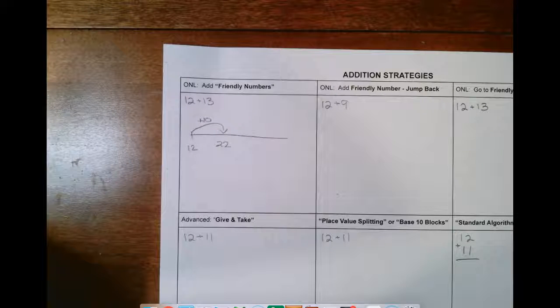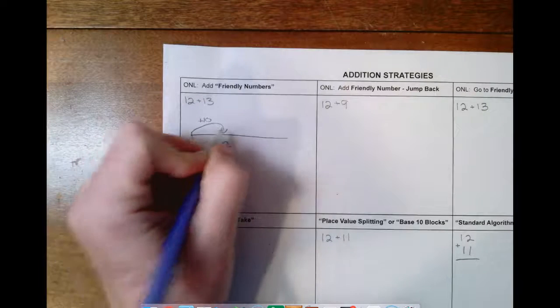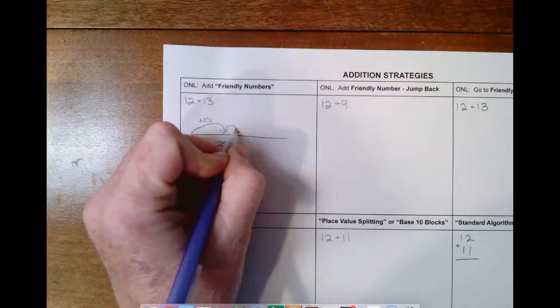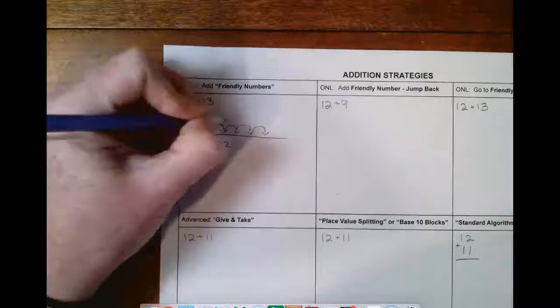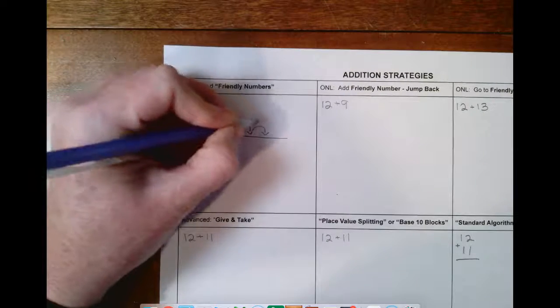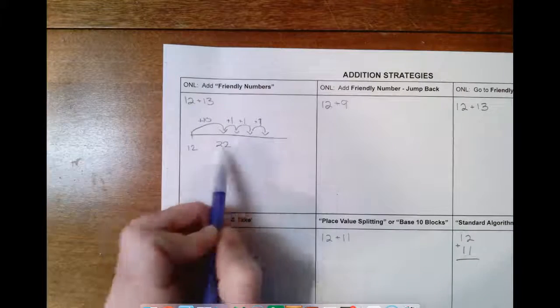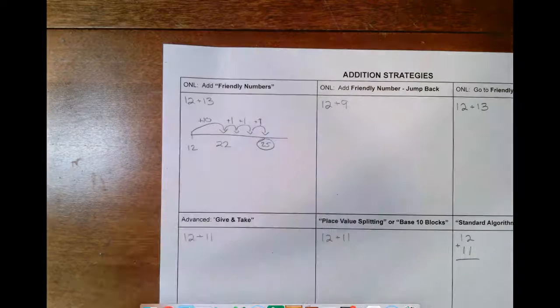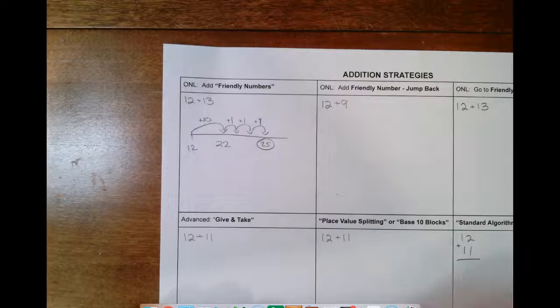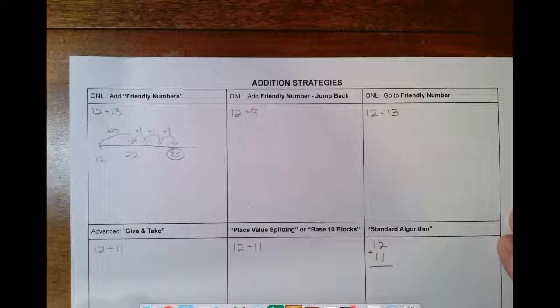Now kids can add 1, 2, 3, or they can just go ahead and add 3 in one motion. I'm going to go ahead and do what a typical second grader might do. So add 1, 2, 3, which would get me to 23, 24, 25. There's my answer.